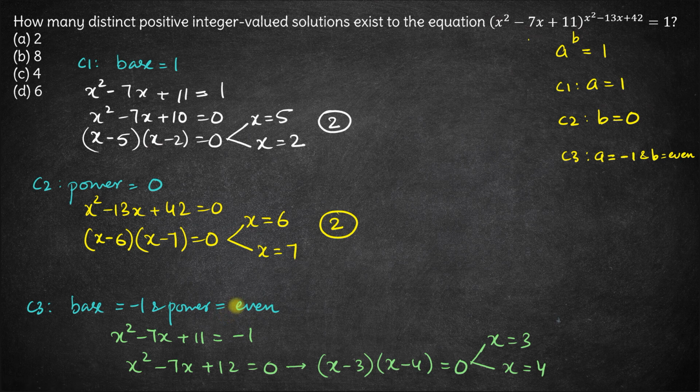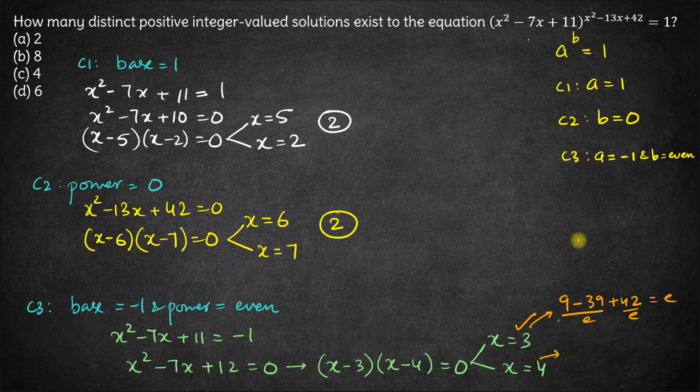So when we check for x equals 3, what is the power here? x square minus 13x plus 42. So 3 square is 9, minus 13 into 3 is 39, plus 42. So 9 minus 39 is even and 42 is even, so the whole expression comes out to be even. So x equals 3 is acceptable. And what if x is equal to 4?